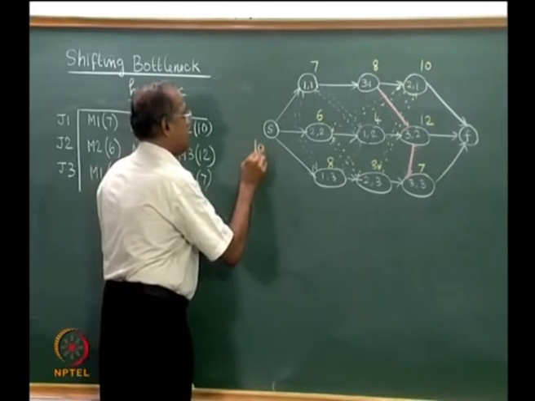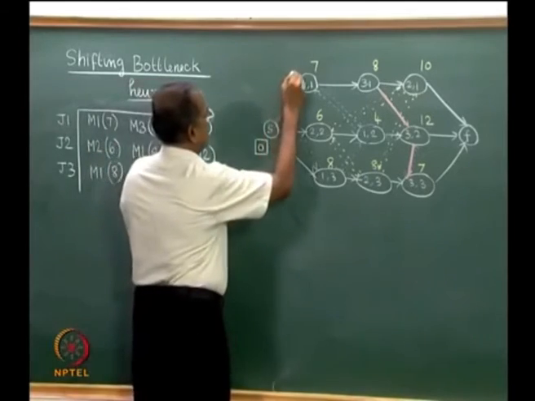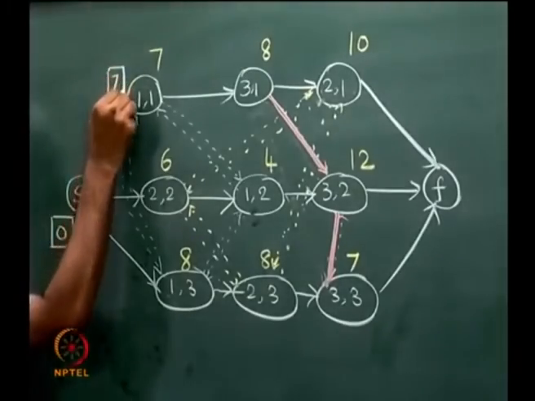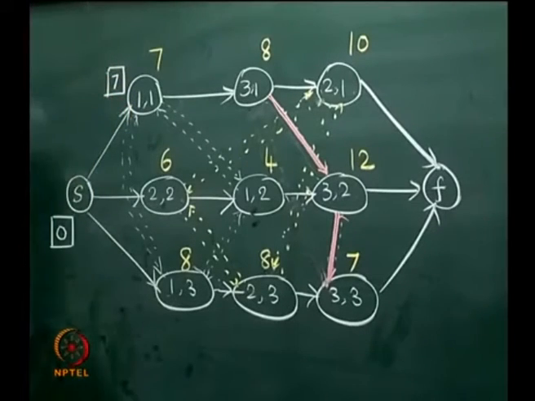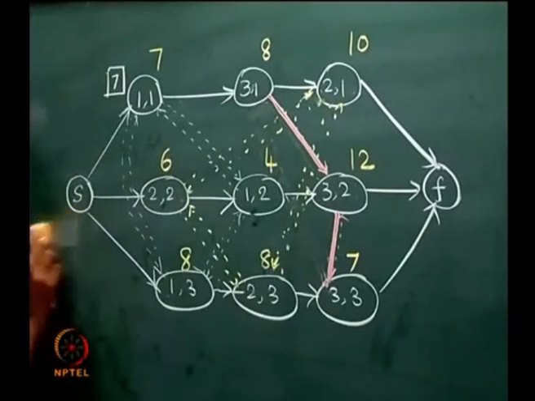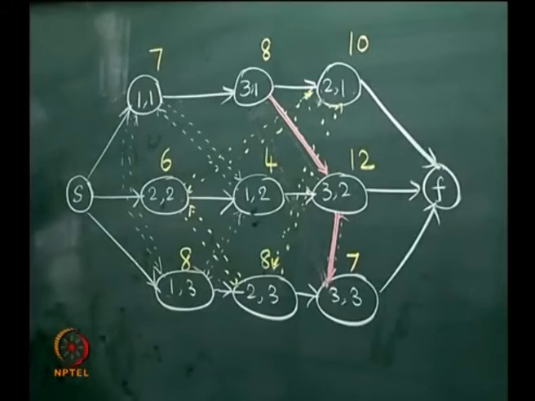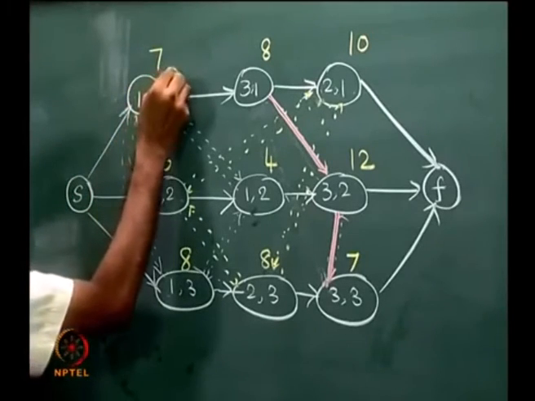So, let us say we start with 0 for this. This comes at 7. It depends on how we write it, because it is an activity-on-node network. So, we could say that this one finishes at 7.